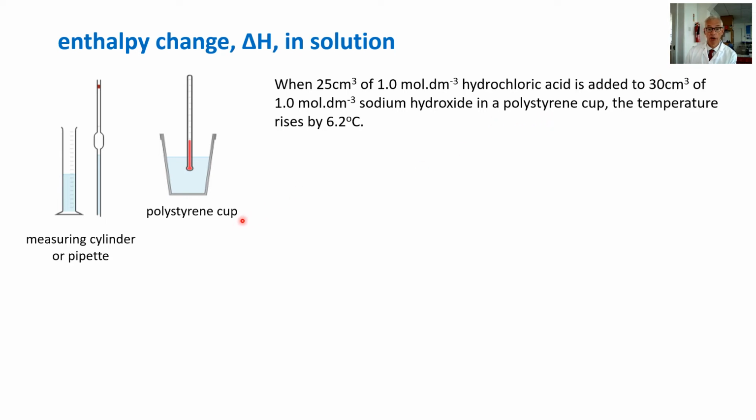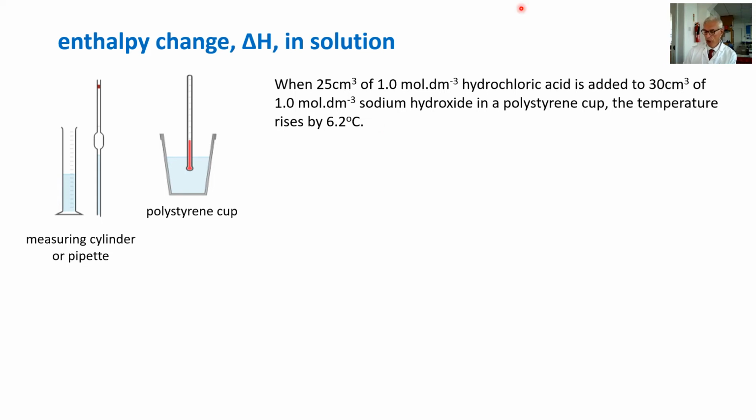We use a polystyrene cup to reduce heat losses to the surroundings, and we can measure the solutions either in a measuring cylinder or in a volumetric pipette, the volumetric pipette being more accurate, of course. Taking the initial and maximum temperatures, monitoring the temperature change over several minutes, we can determine the temperature rise or change. In this case, I've suggested there's a temperature rise.